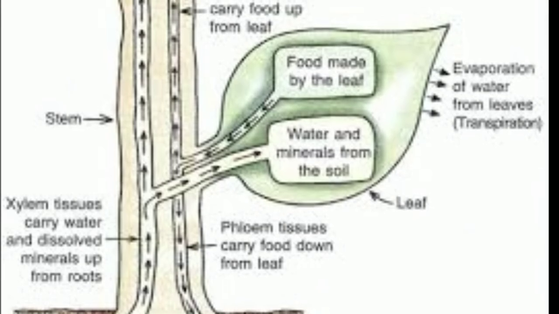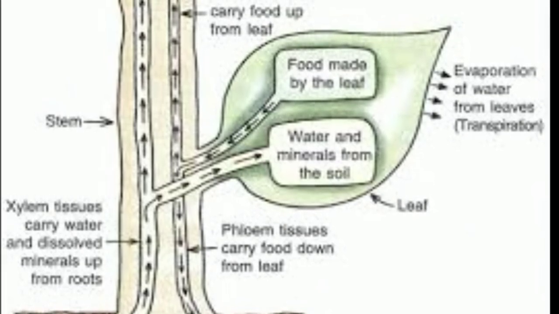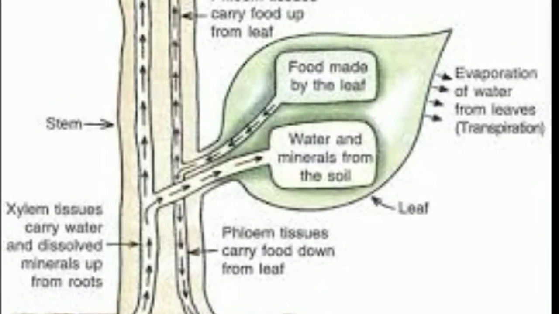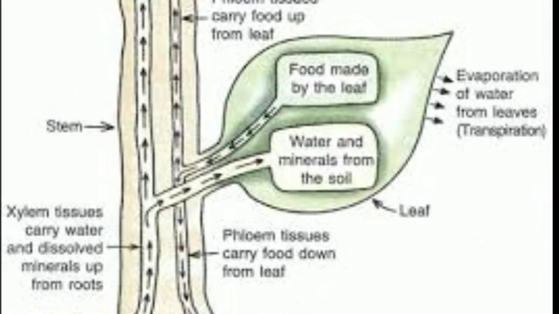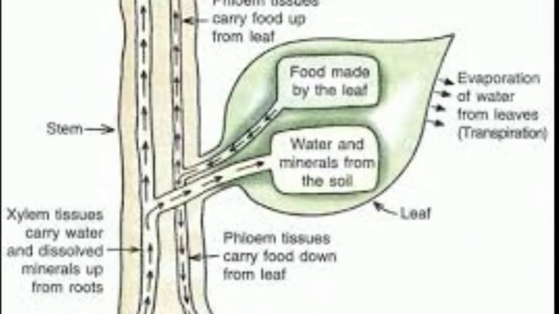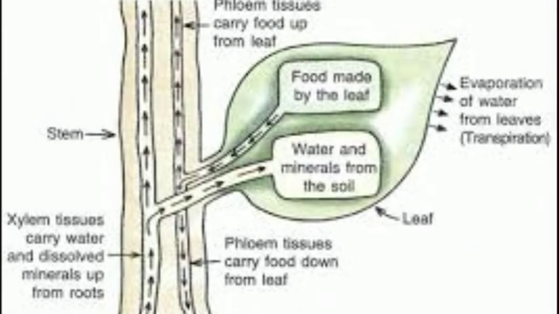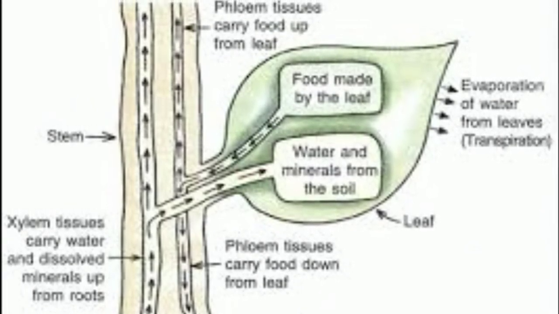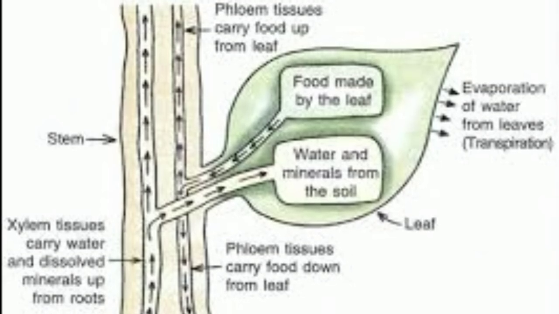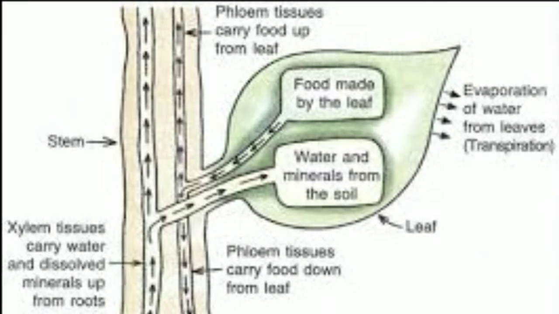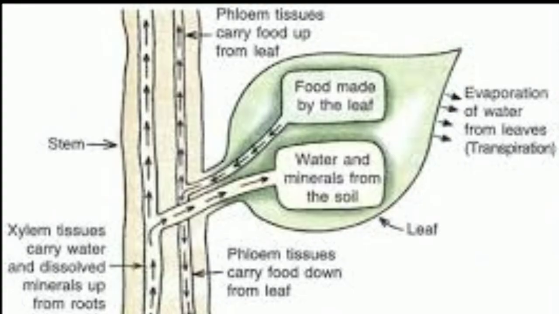These tube-like structures carry raw materials to the leaves, and with the help of them the leaf is able to get raw materials to do the process of photosynthesis. Now students come and see the complete process of photosynthesis in a plant, what raw materials it is taking, and what it is producing after photosynthesis.